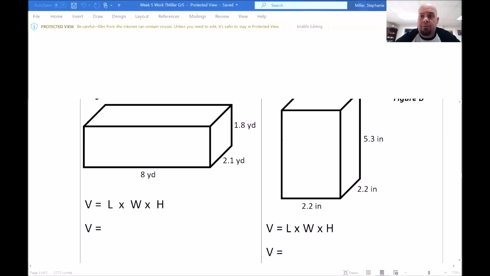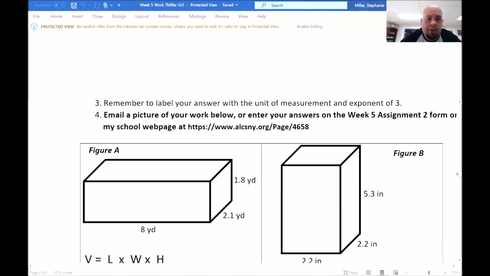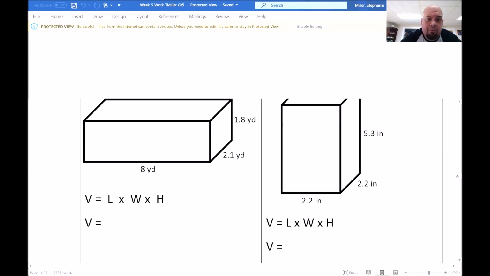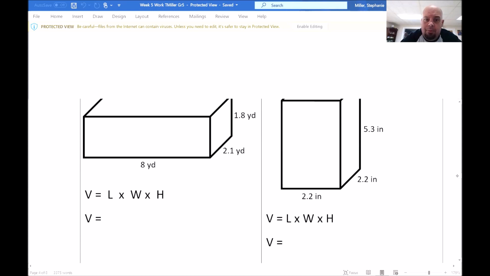And here's your work for today. You're going to be solving for the volume of this prism. It's figure A. And remember, to find volume, you got to multiply length times width times height.